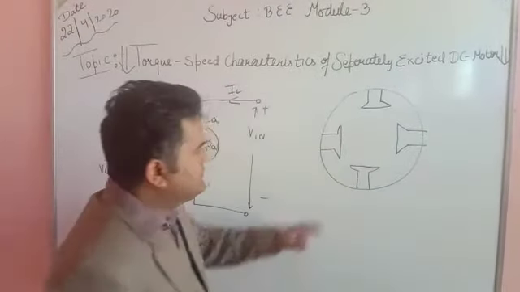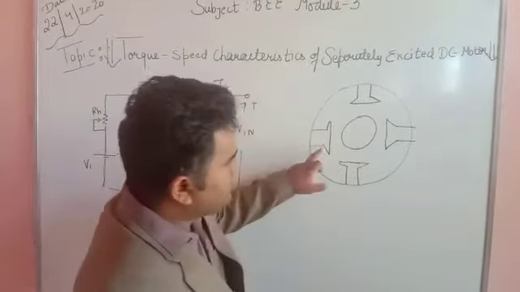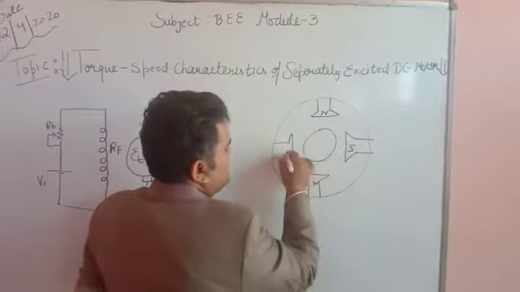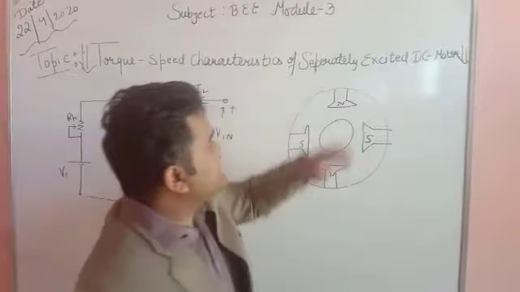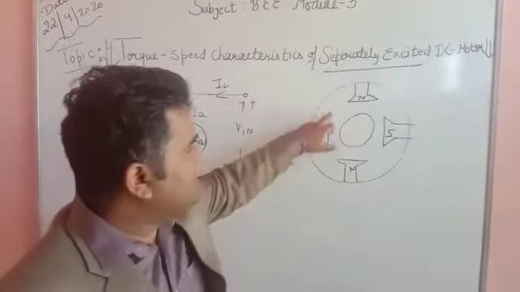Now in the center there is the armature. These are the poles, 4 poles, let us suppose north, south. Now, what is the meaning of separately excited? It means that we have to excite the poles.